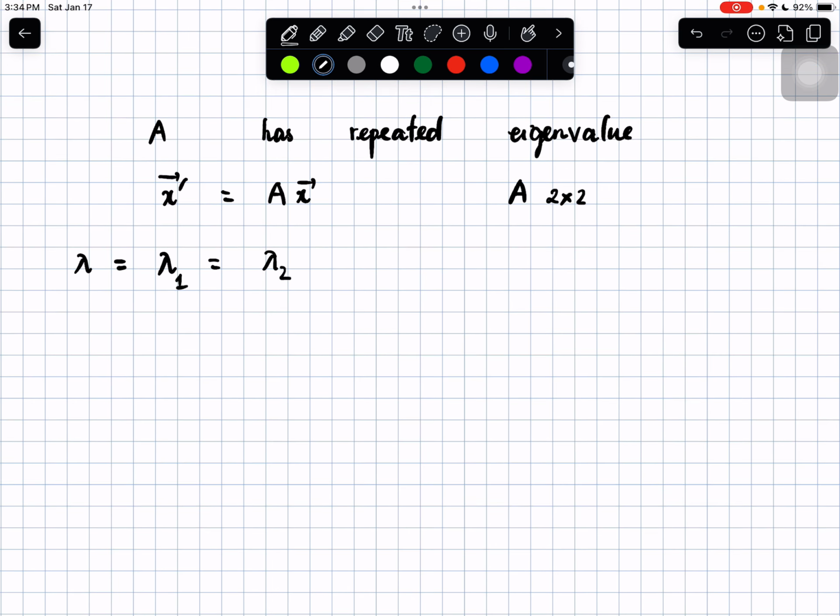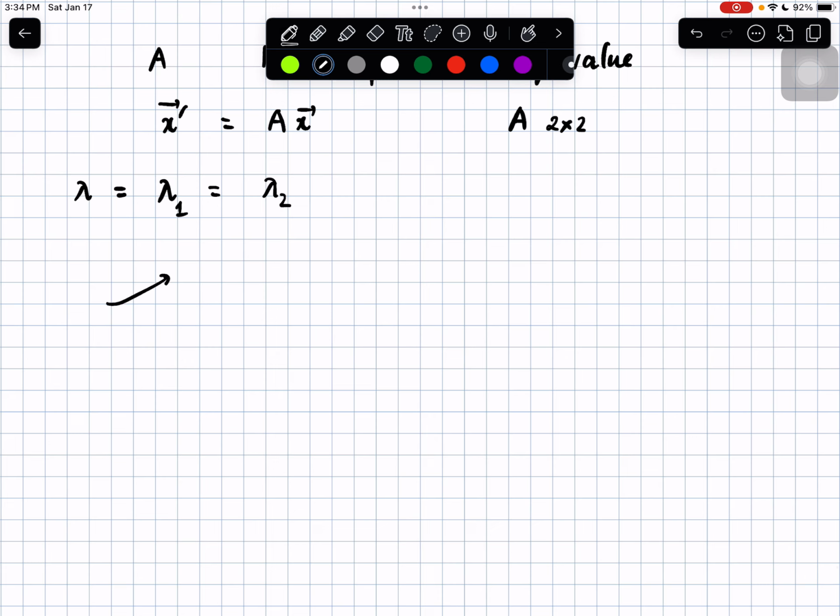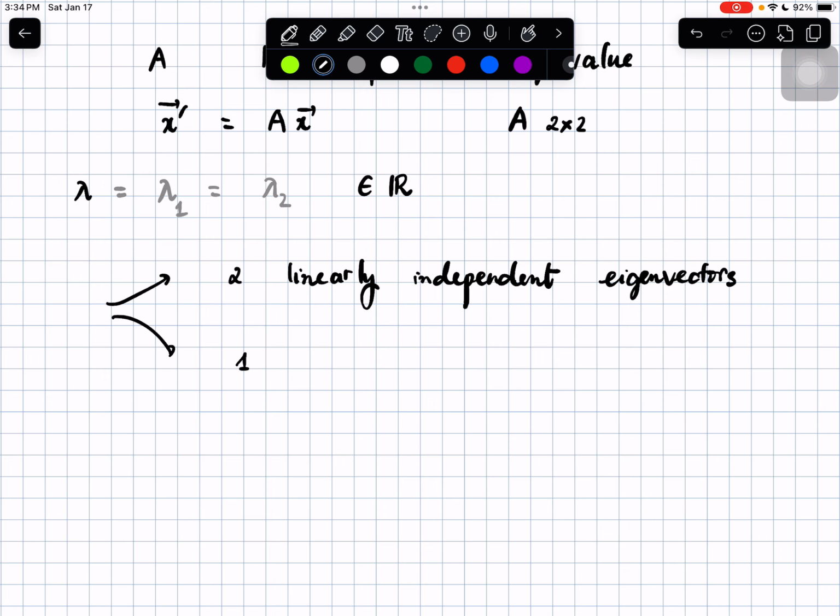There are two possibilities. The first one, lambda 1, lambda 2 equal to lambda, is a real number. Matrix A is diagonalizable. In this case, lambda has two linearly independent eigenvectors, or we have only one linearly independent eigenvector.